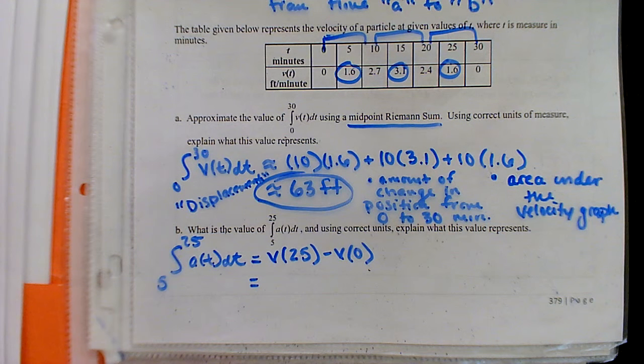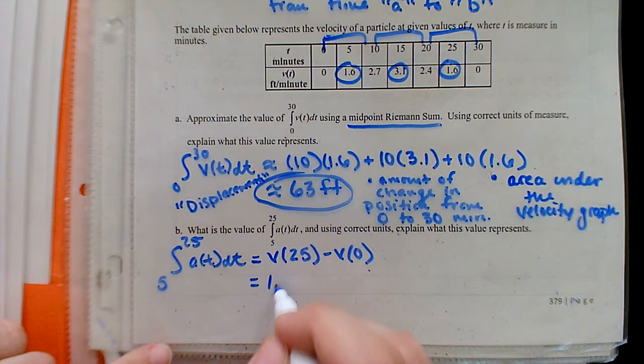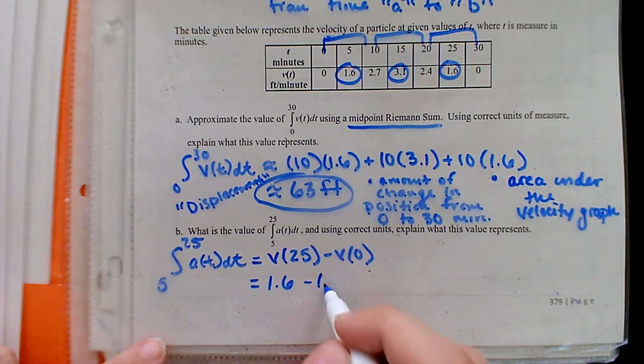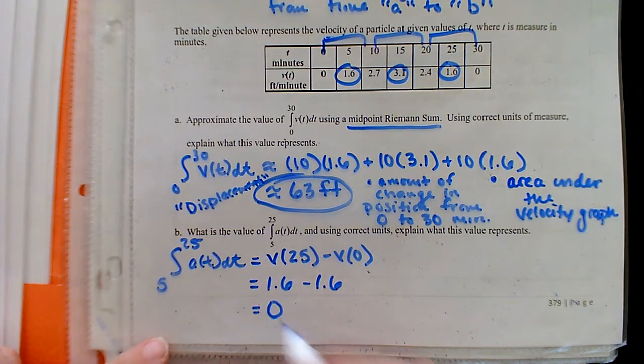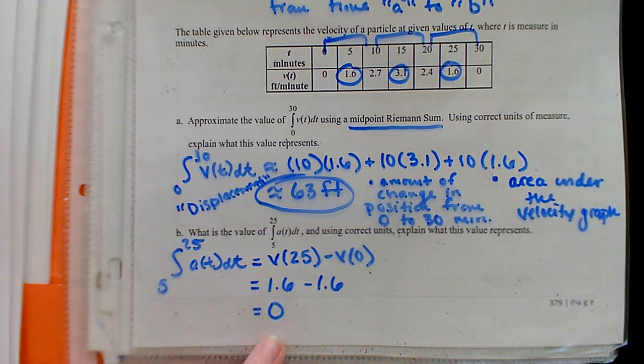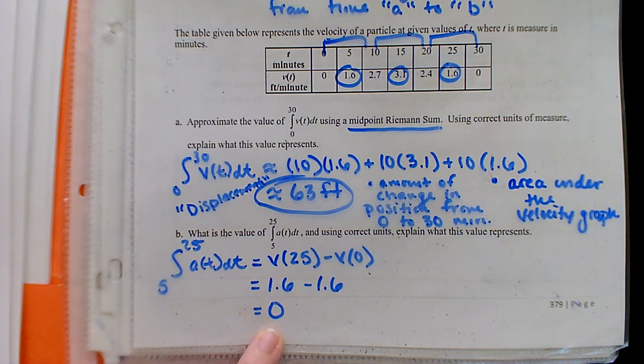We should know those values from the table, right? 1.6 minus 1.6. So what about the units on this 0 value?